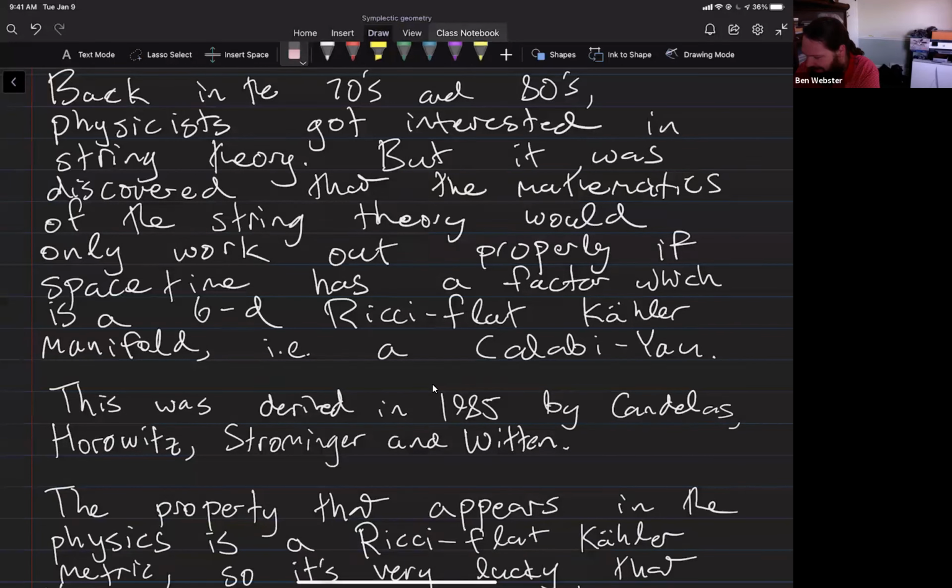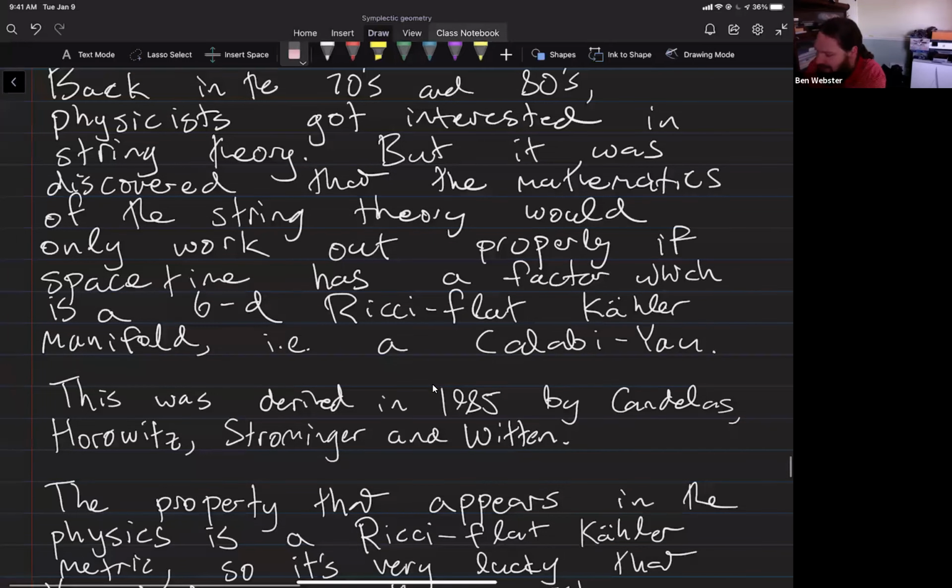And eventually, I think Witten is certainly seen as the key person in this, but there's a paper of Candelas, Horowitz, Strominger, and Witten, which worked out that we might be able to get something that looks like our universe. If the universe is 10-dimensional, we have a factor which is the usual 4-dimensional space-time we're used to and can observe.